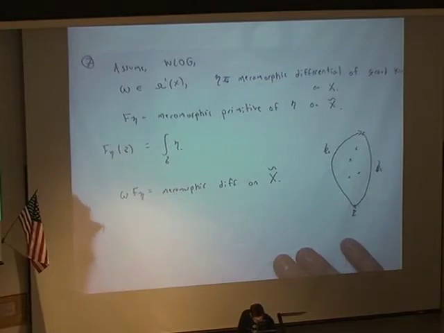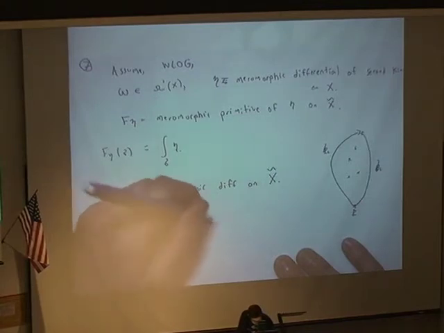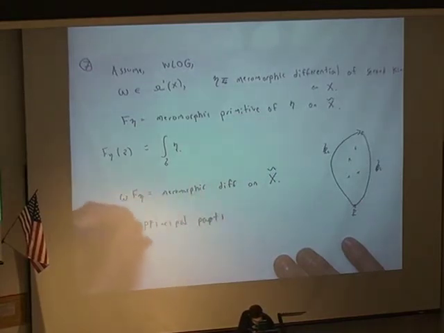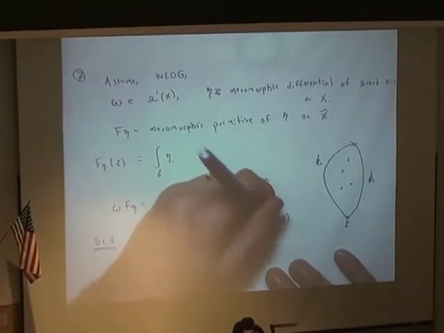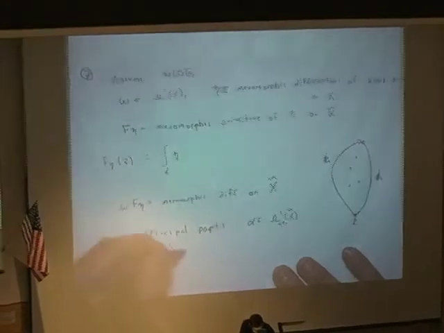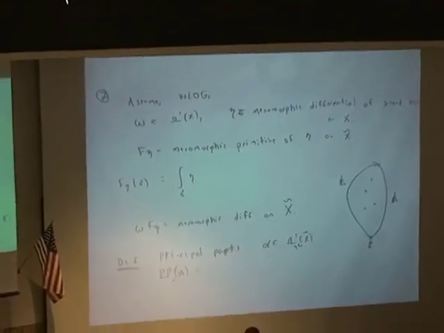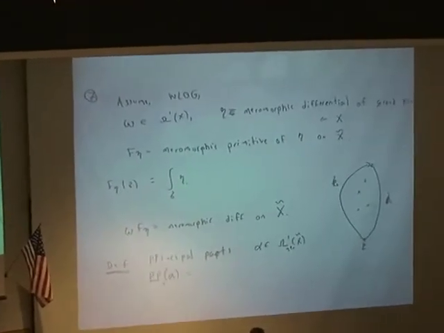Now I want to define what the principal parts are. What is a principal part of a meromorphic differential, which I'll call PP? If alpha is a meromorphic differential on X tilde, the principal part at x of alpha is simply what you get by expanding out alpha as a Laurent series around the point x and picking up the tail in the Laurent expansion.